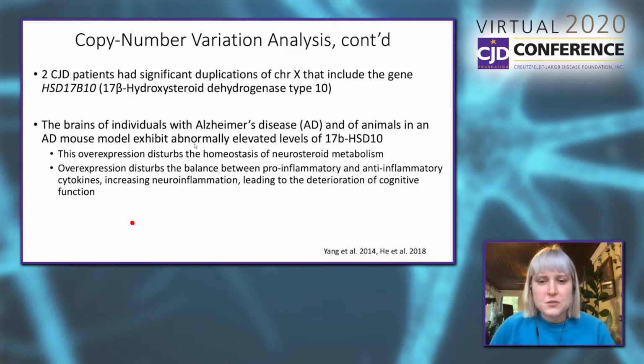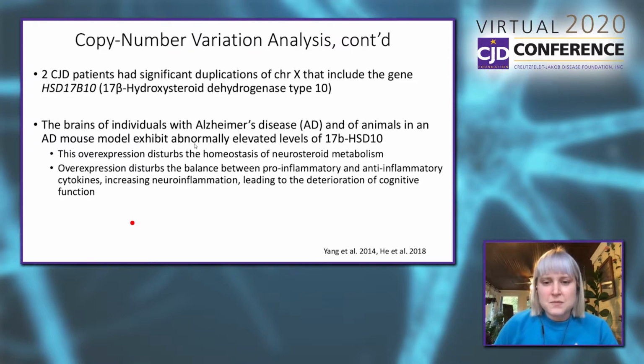We did find that 2 CJD patients had significant duplications on the X chromosome, which included this gene, HSD17B10. And this gene is interesting because the brains of individuals with Alzheimer's and of animals in an Alzheimer's mouse model exhibit abnormally elevated levels of this protein.